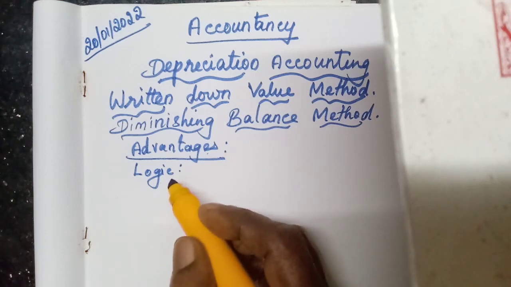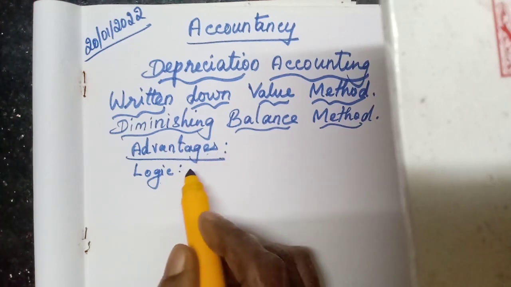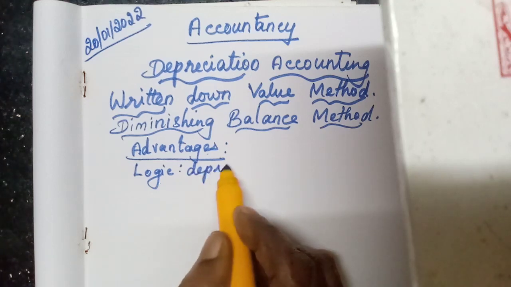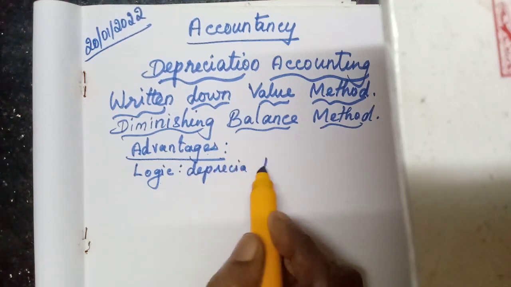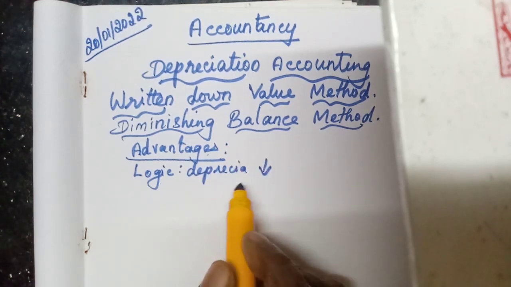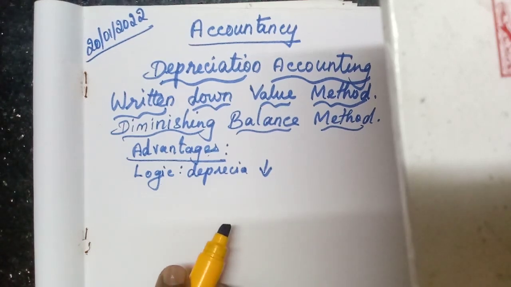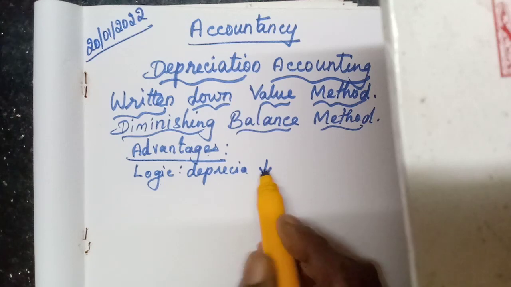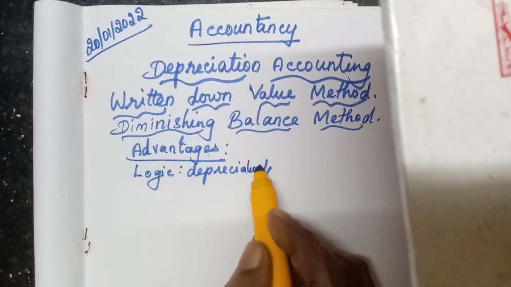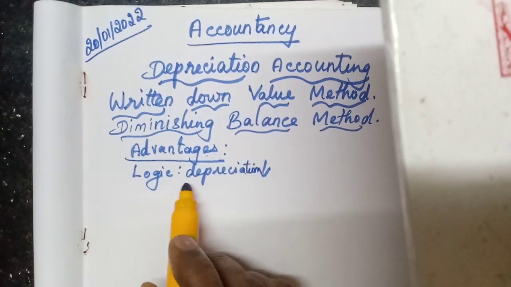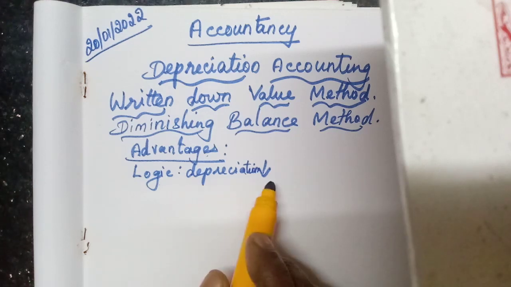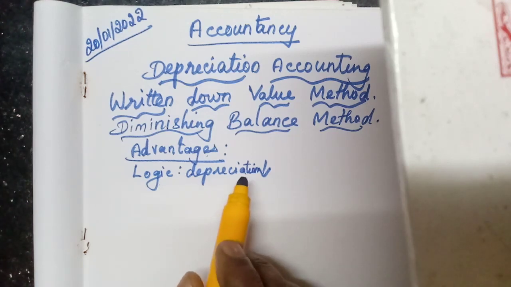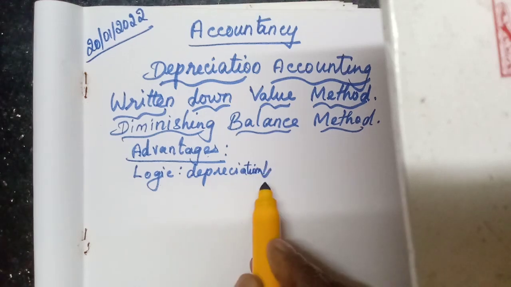So what is happening, the amount of depreciation is getting reduced. Otherwise, in the original cost method, depreciation is same throughout the lifetime of the asset. Okay, so here the depreciation should get decreased only.